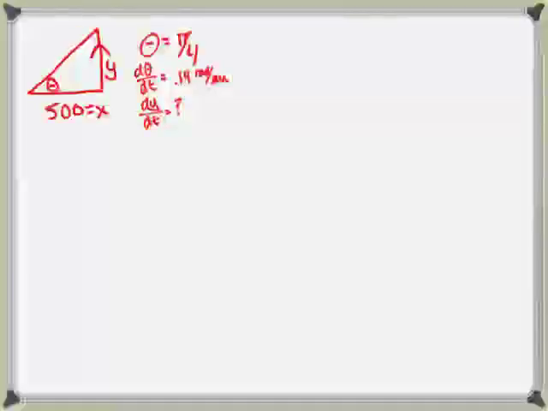Now we need an equation that's going to relate all of these variables together. So what is an equation that would relate theta to x and y? Tangent of theta equals y over 500. Why did you say 500 and not x? Well, we know what theta is too, so why didn't you just say tangent pi-fourths? 500 is a constant. 500 is not changing.